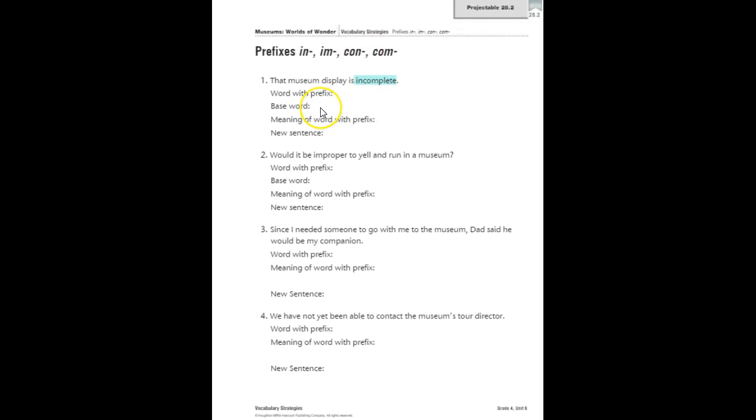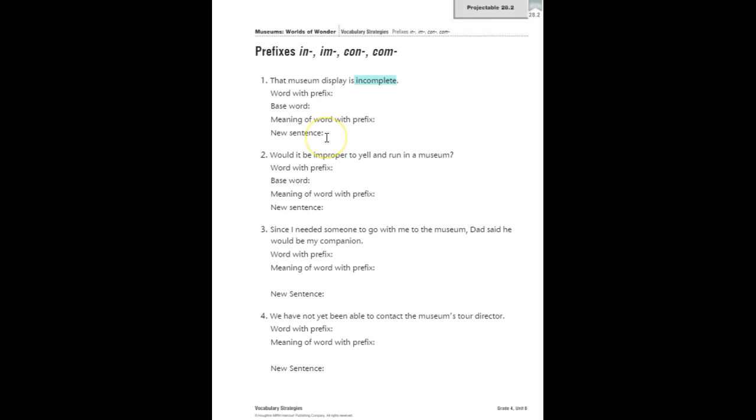Then it asks what's the base word for incomplete? Right, complete. Just take the in off. So the meaning of the word with the prefix, remember in means not, is not complete.